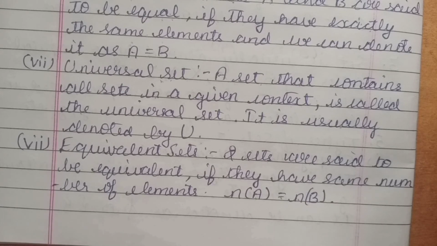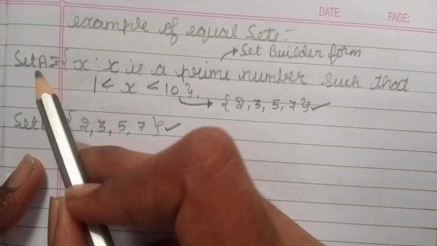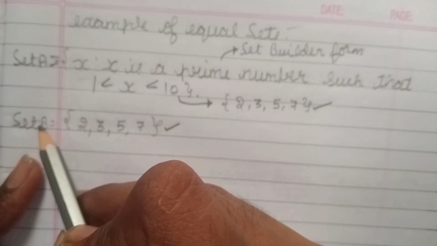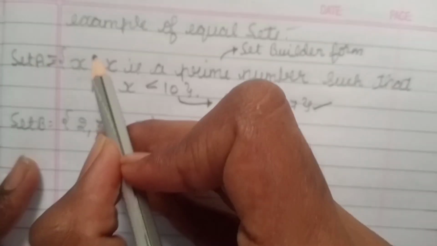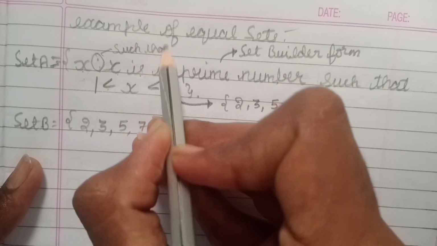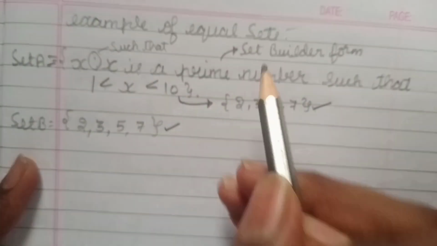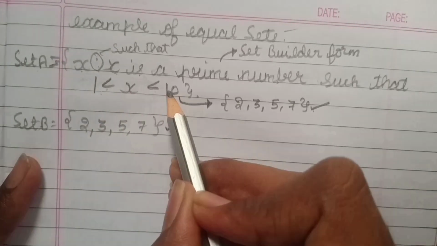Now we'll look into an example of equal sets. We'll consider two sets, set A and set B. Set A is the set of x such that x is a prime number and x is greater than 1 but less than 10.